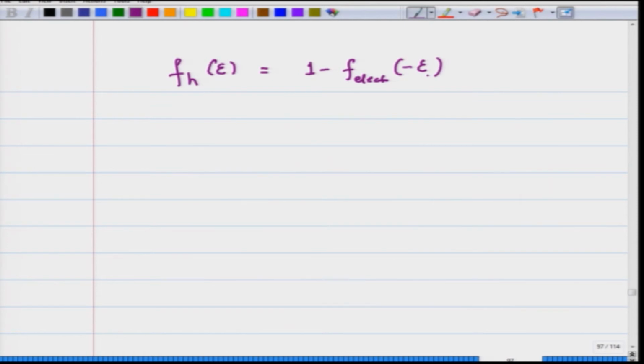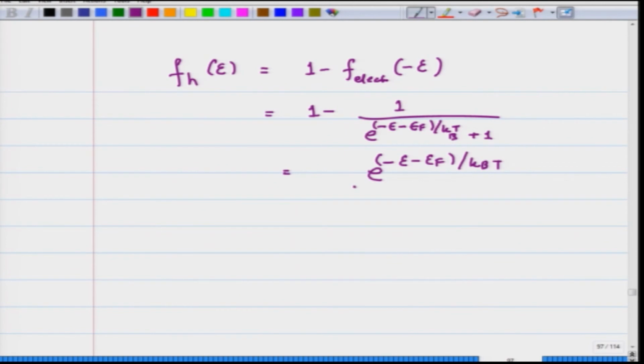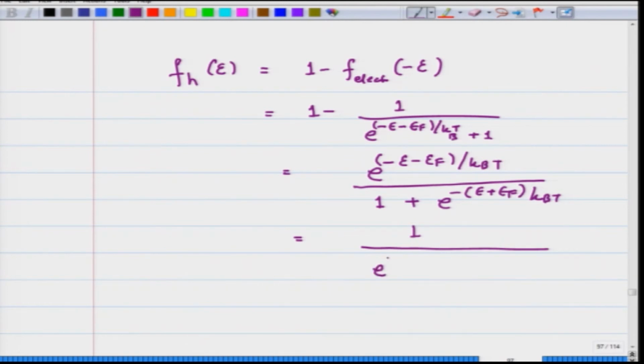Minus E is the energy for the electron, and this is going to be 1 minus 1 over e raised to (−E − E_f) upon k_BT plus 1, which I can write as e raised to (−E − ε_f) over k_BT divided by 1 plus e raised to (−ε + ε_f) over k_BT, which is equal to 1 over e raised to (ε + ε_f) over k_BT plus 1.